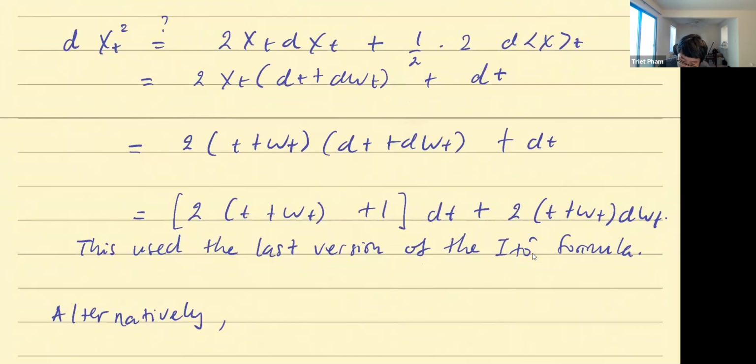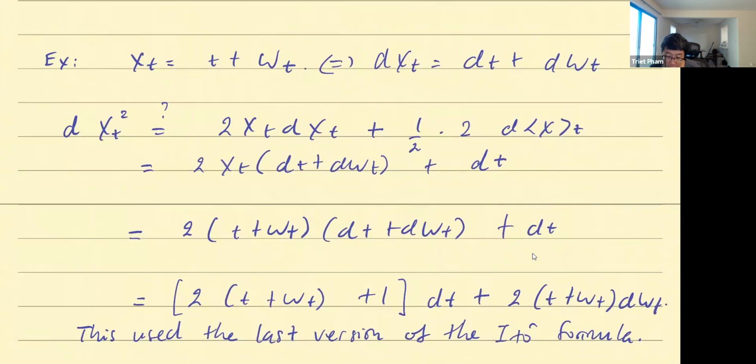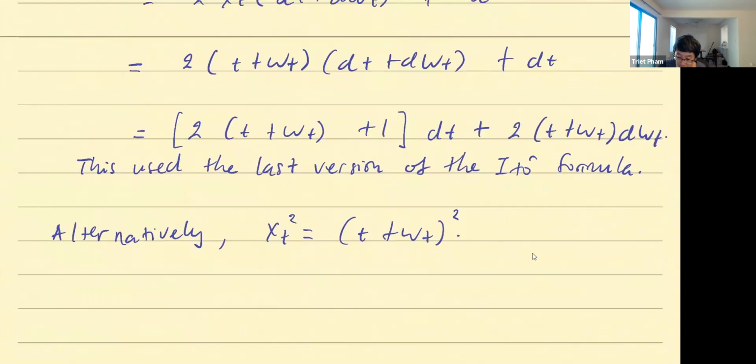Alternatively, X_t squared is (t plus W_t) squared, and we know how to handle this from just the Brownian motion point of view. So d of (t plus W_t) squared equals what? Viewed from the Brownian motion point of view, first we differentiate with respect to t, giving 2(t plus W_t) dt.